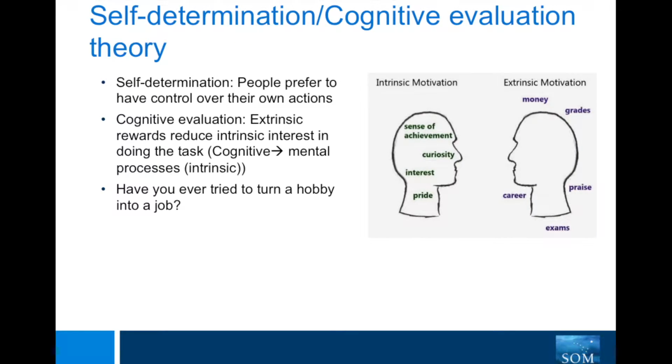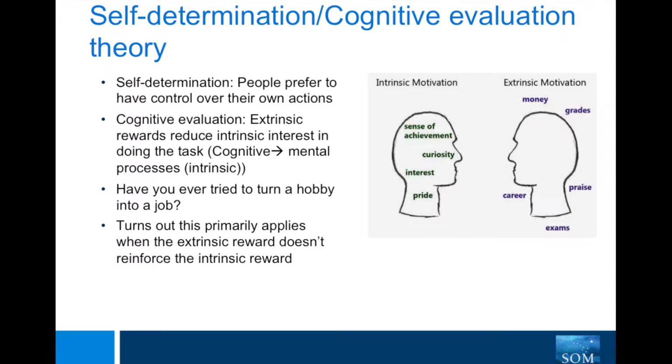But on the flip side, there's cognitive evaluation theory, which holds that extrinsic rewards, things like performance-based pay or too much praise, might actually reduce intrinsic interest in doing the task. You might have experienced this if you ever tried to turn a hobby into a job.